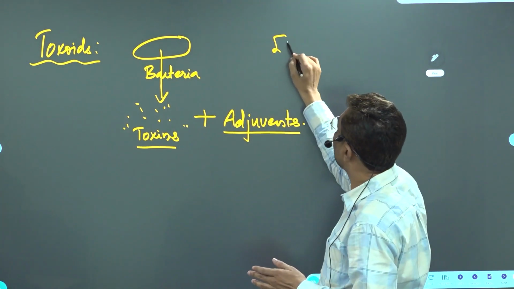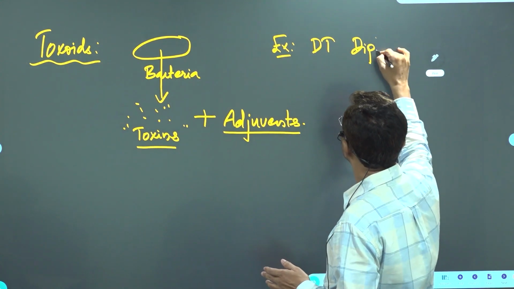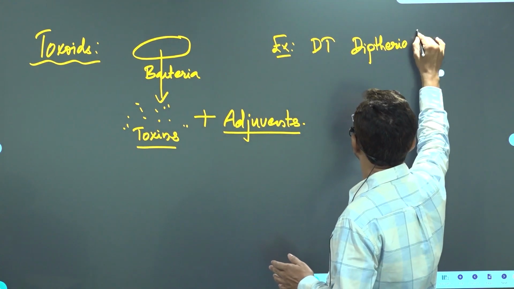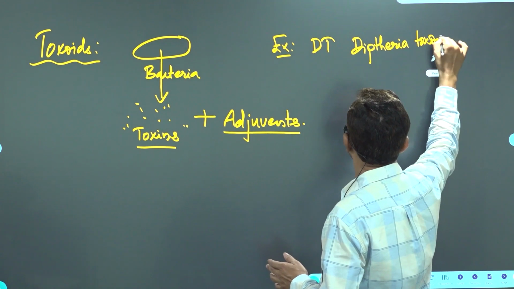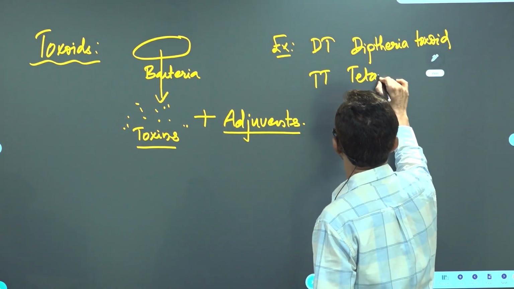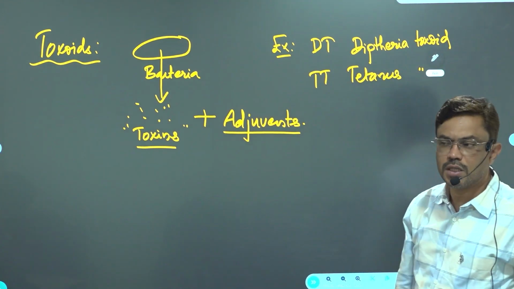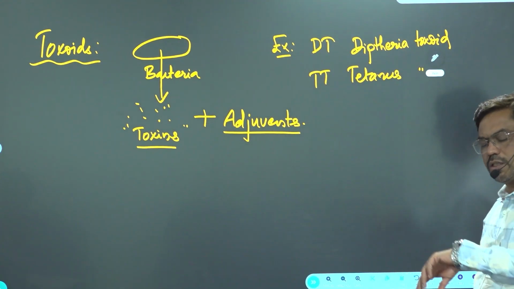For example, DT, diphtheria toxoid, and TT, tetanus toxoid. These are called toxoids.